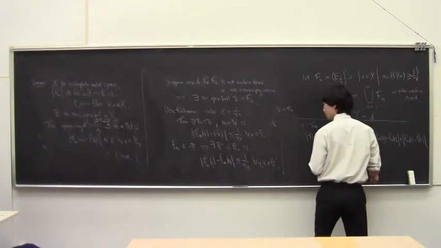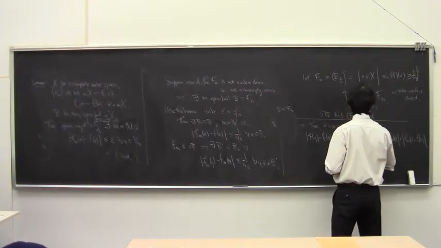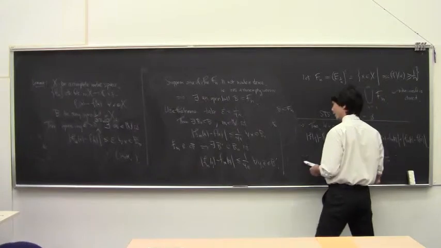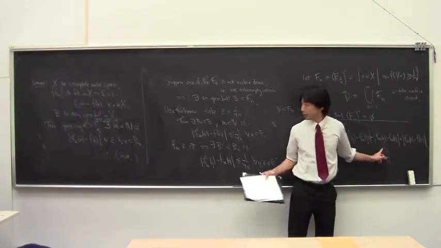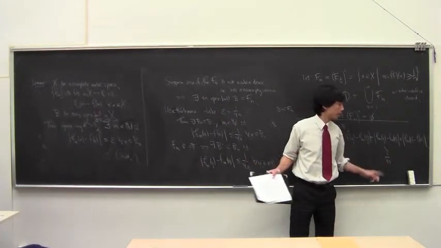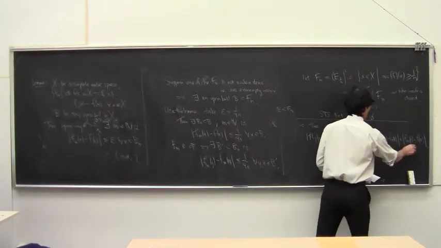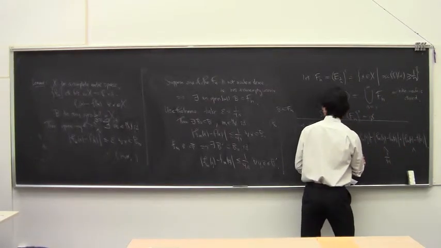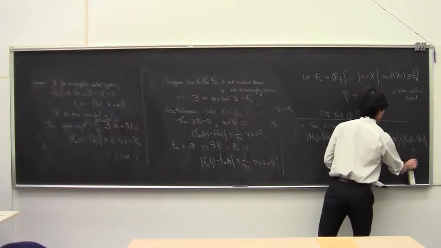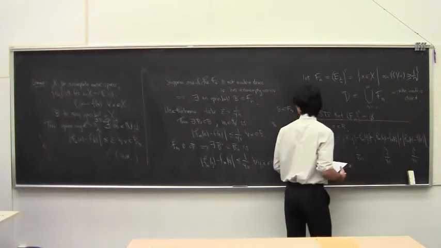This thing is controlled by 1 over 4n, by the continuity, by what we just said. And these guys are each controlled by 1 over 4n, because we're in B naught.